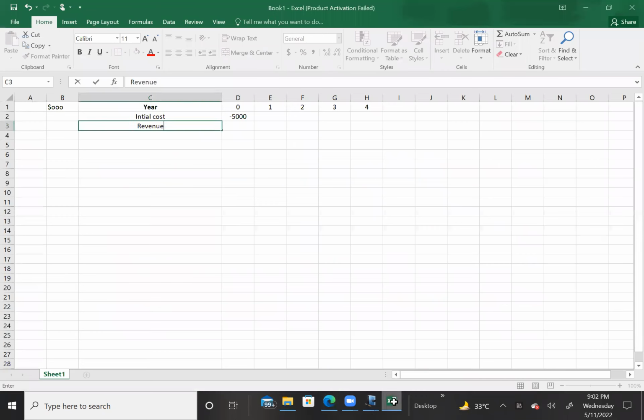As we are taking 30 common, equals 12 into the sale price of 450 multiplied by 1.05. 5% is the inflation rate, the growth rate in the sale price. Press enter, and we have a sale of 5,670. You get it?